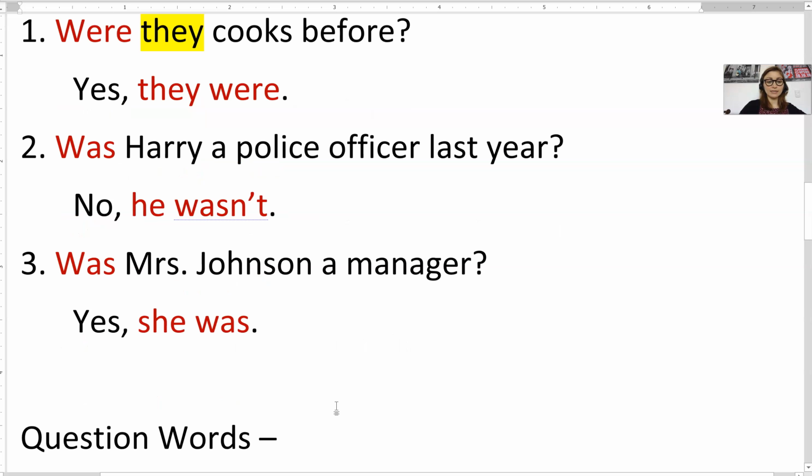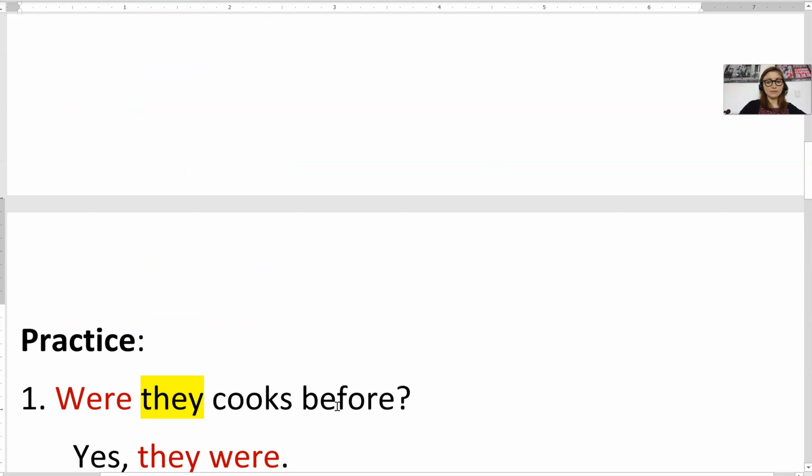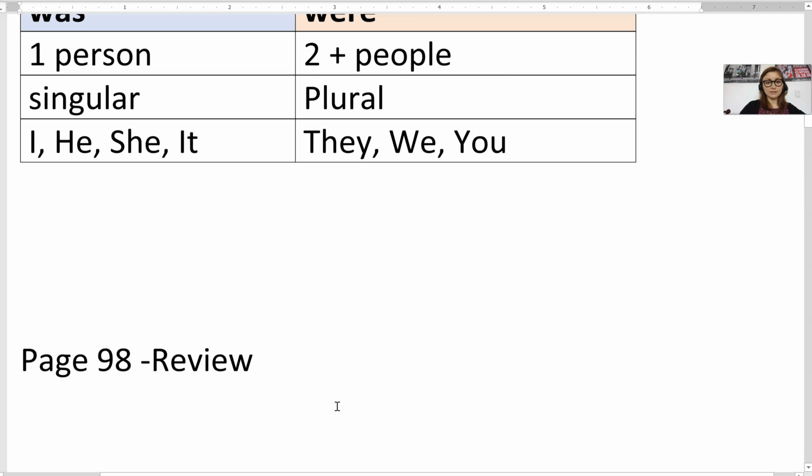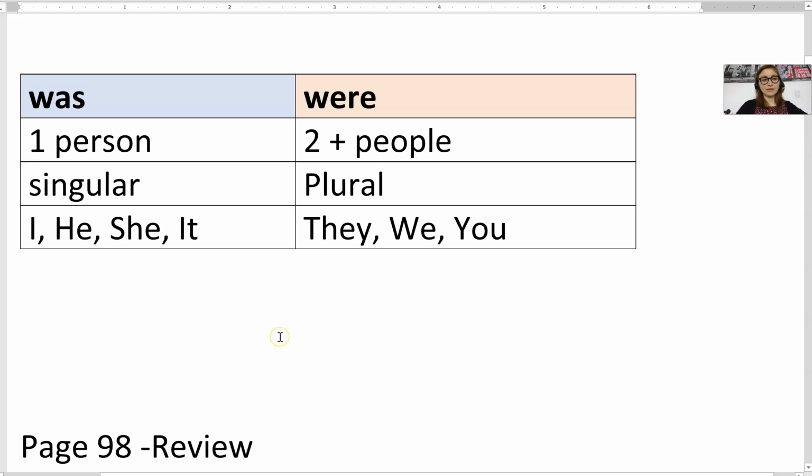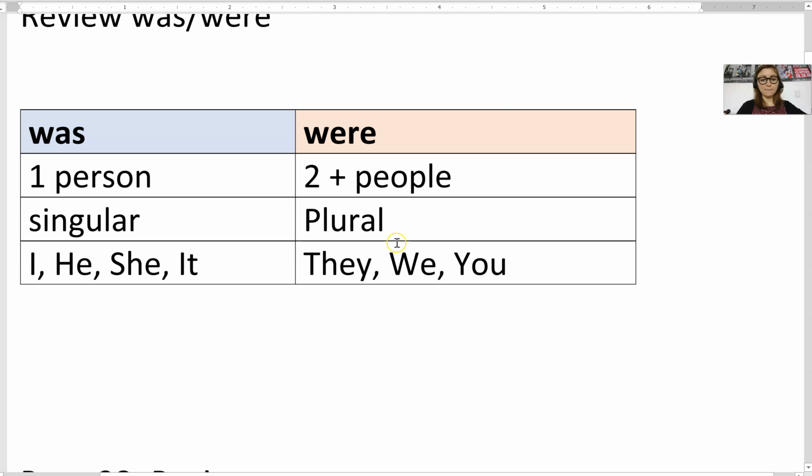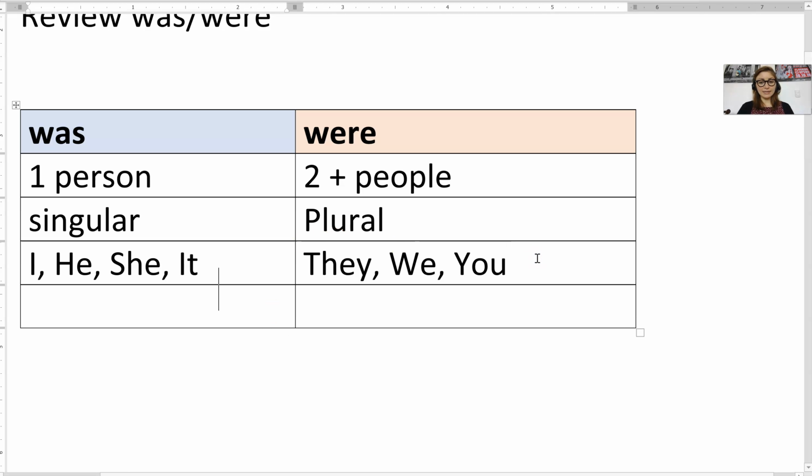All right, so those are your examples for past tense. So up here we talked about the review, the was and were. So if I add negative, we're looking at was, how do I say no with was? Right, so we say wasn't. And that's the same thing as was not.